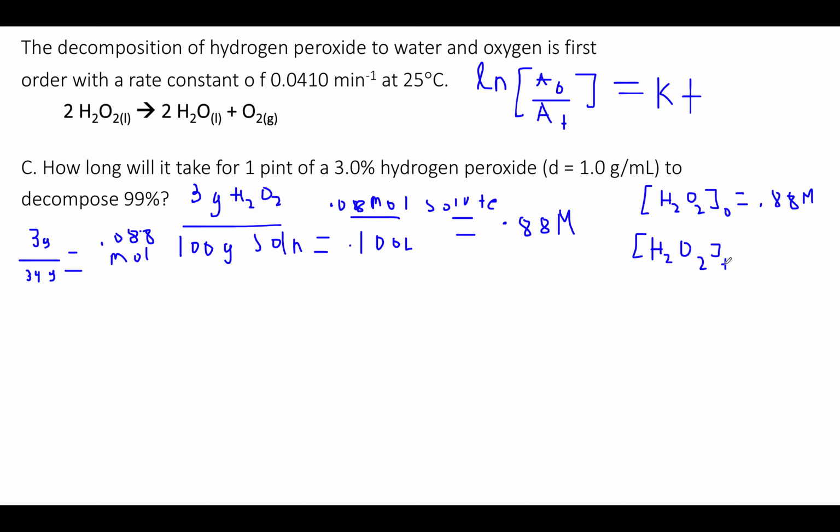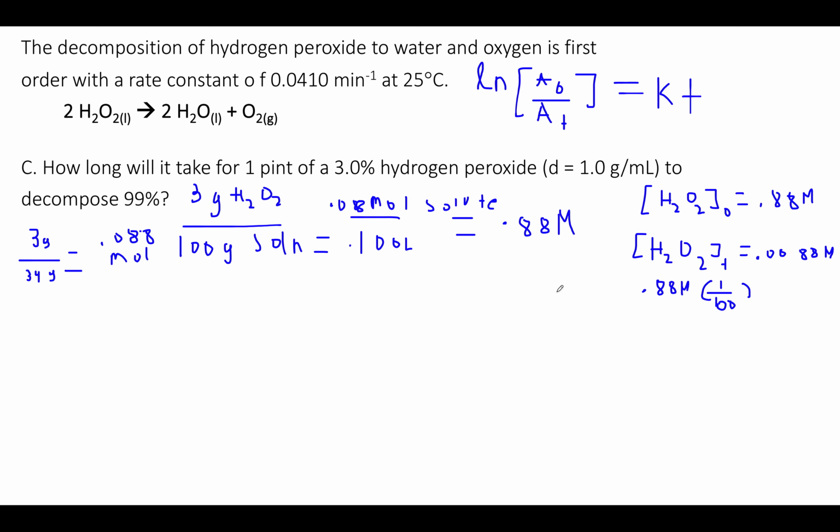And to do that, I would just take the 0.88 molar that I'm starting with and multiply it by 1%, or 1 over 100. And I get the sample that's left at that point is 0.0088 molar.